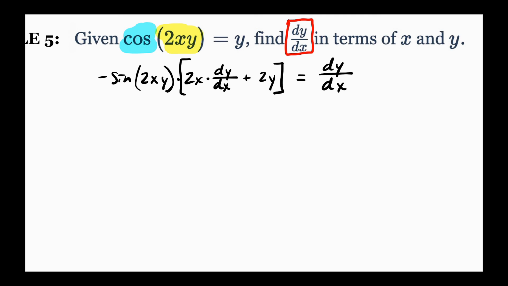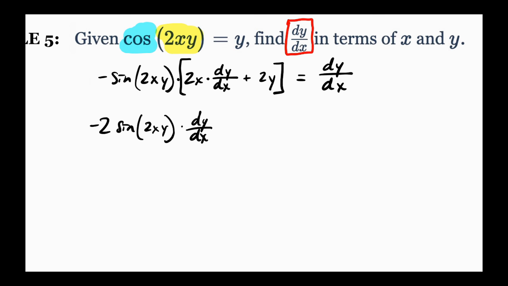Yeah, that's one way to do it. Distributive property is one way because I have this guy out here times this in here. So definitely to get rid of those brackets, distributing would work. Okay, let's do it that way. So when I distribute this to this guy here, I'm going to get -2 sine of 2xy with a tag at the end, right?